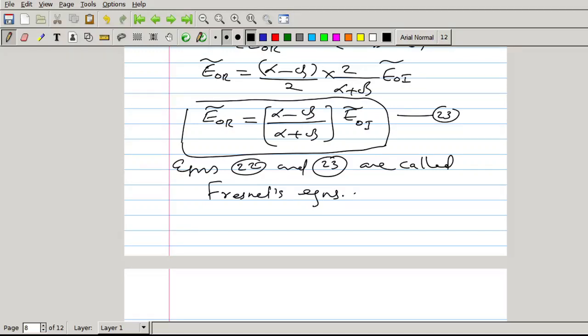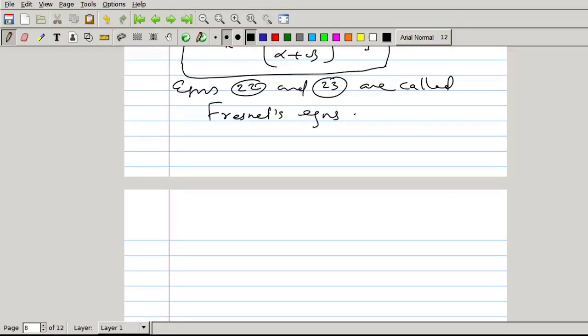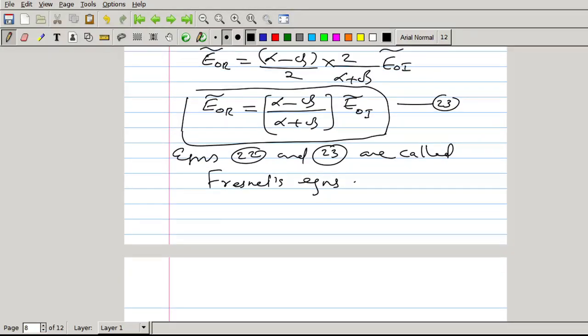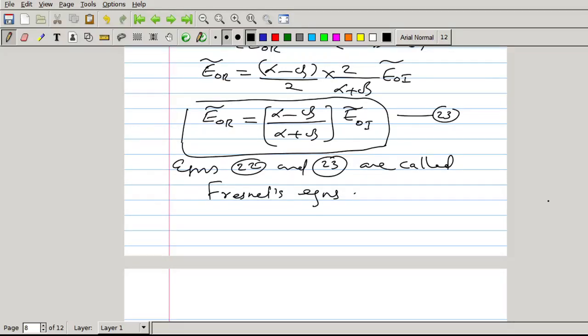These equations show that the reflected and transmitted wave amplitudes depend on alpha and beta values. Beta depends on the refractive indices of the two media, but alpha depends on the angle.